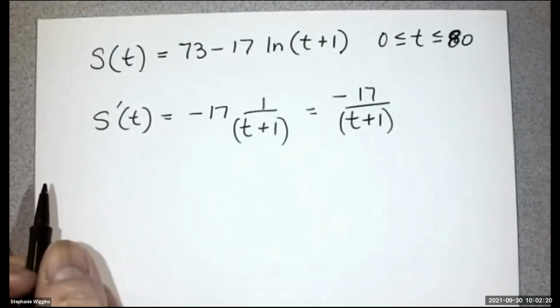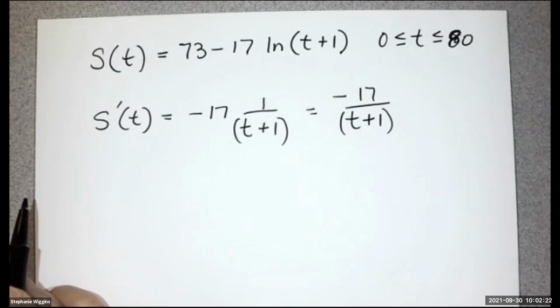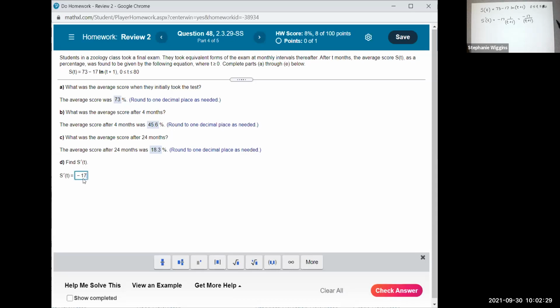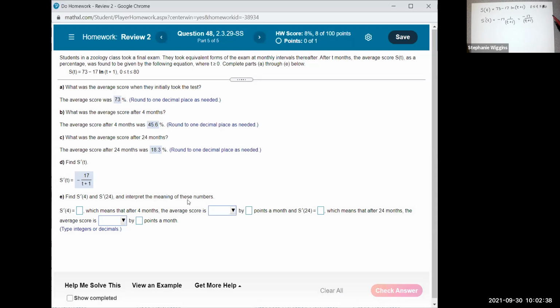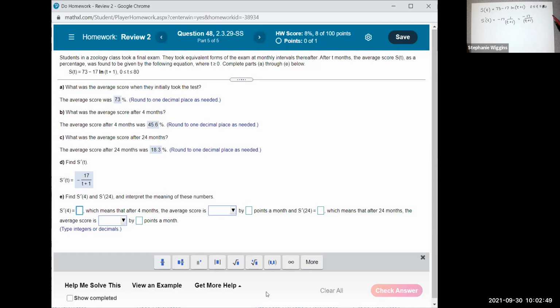Okay, and so then finally, they want you to calculate the derivative at 4 and at 24. And so that's just plugging it in. If you plug in 4, it's going to be negative 17/5.